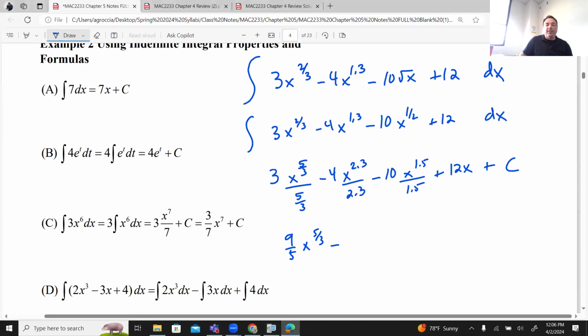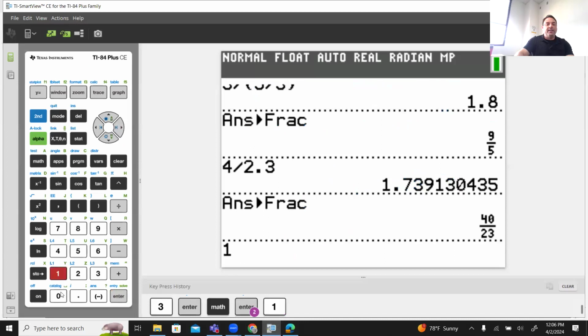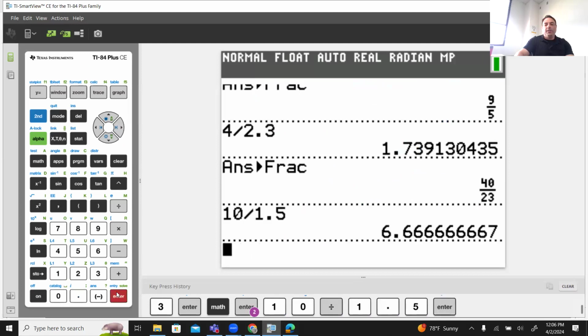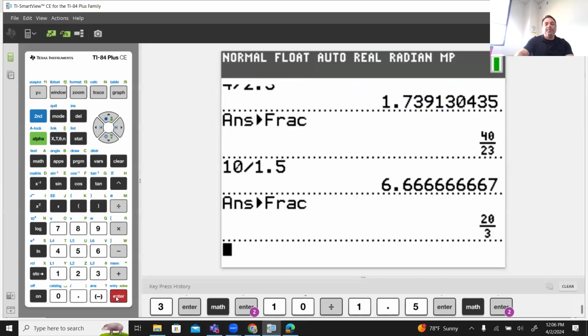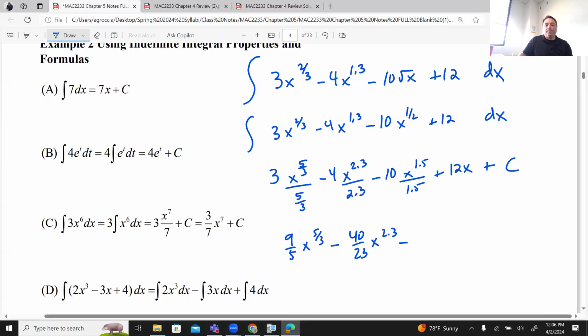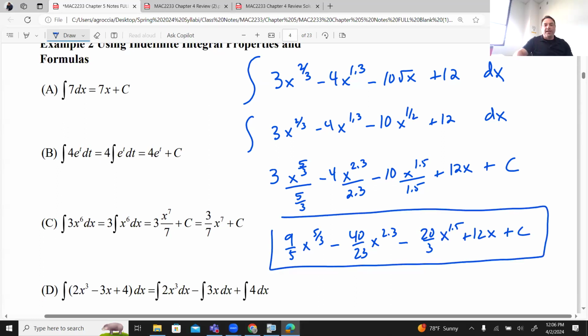Either one's fine. 40 over 23, x to the 2/3 minus 10 divided by 1.5. 10 divided by 1.5 gives you 6.66666, or math fraction, 20 over 3. x to the 1.5 plus 12x plus c. That would be your final simplified answer.